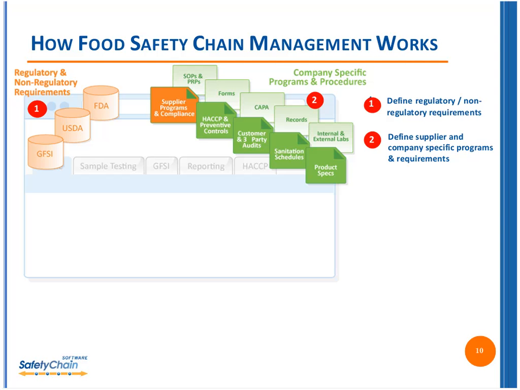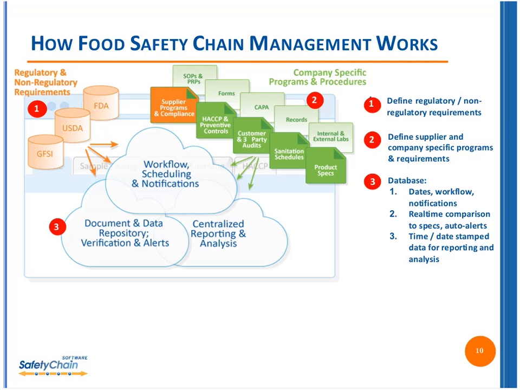Your supplier compliance programs is what we've been speaking about. Your HACCP and preventive controls, all of your requirements for things like customer and third-party audits, product specifications, all of your forms, information coming from labs. All of these are set up in the system in 3 different ways.